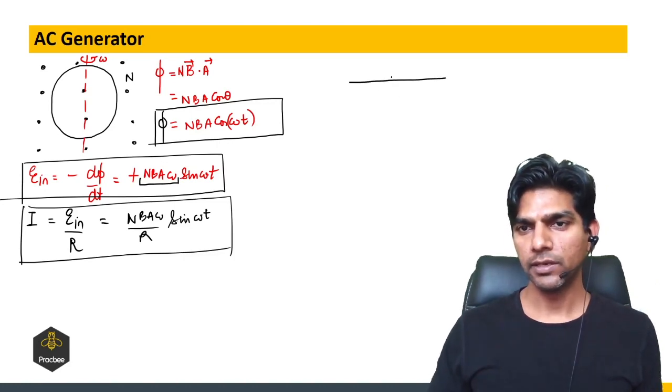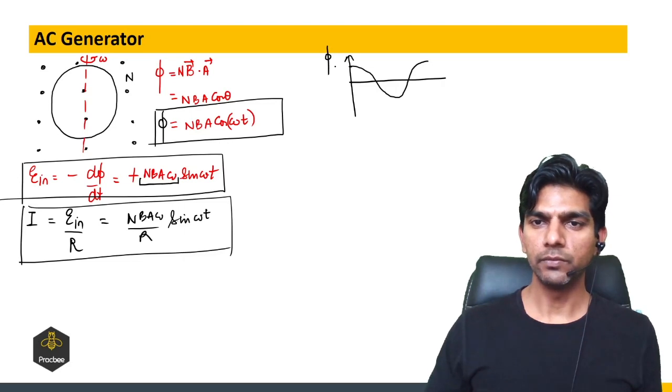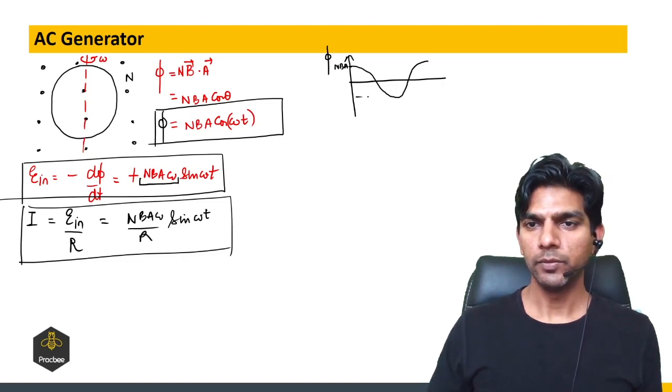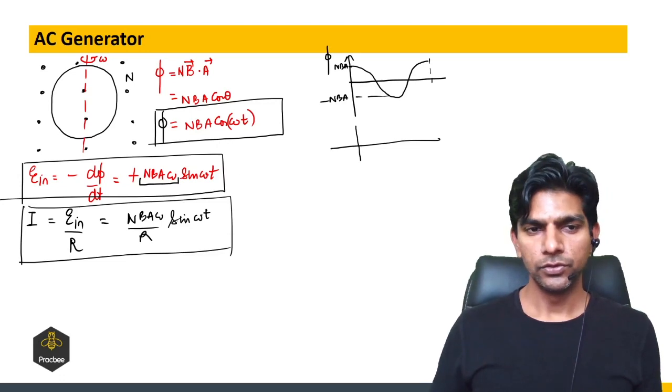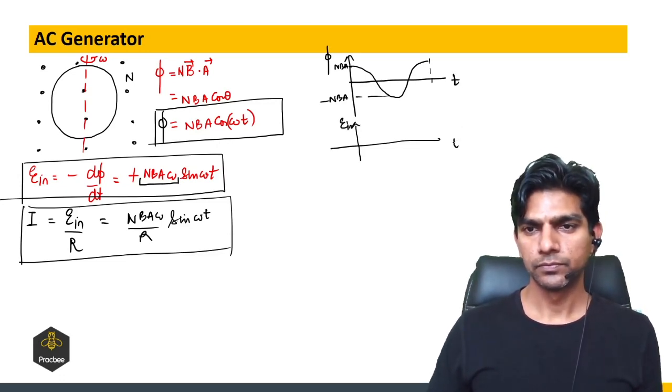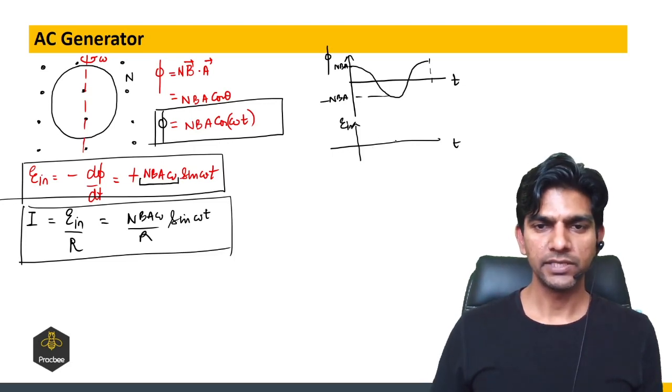If I plot the graph for flux, it's a cosine function, right? And the maximum value is NBA and the minimum value is minus NBA over one complete cycle. Similarly, if I plot the graph for EMF induced, it's a sine function.